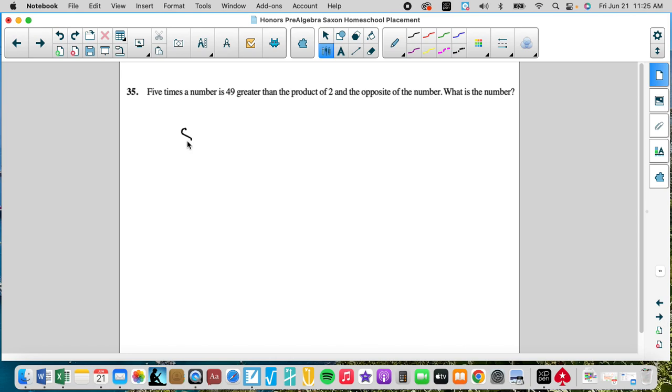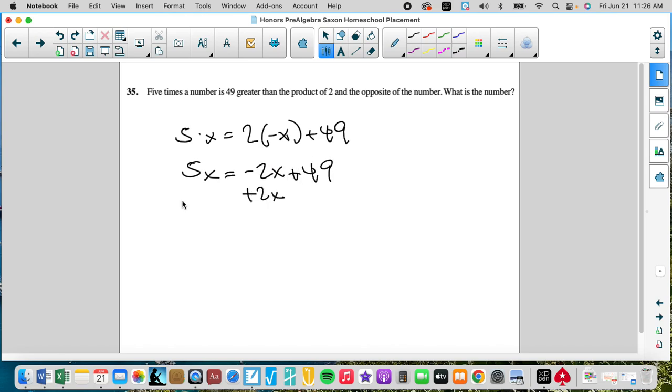5 times a number equals 49 greater than the product of 2 and the opposite of the number. So 2 times the opposite of the number plus 49. If we write that, that looks like 5x equals -2x plus 49. We have variables on both sides. We're going to move that variable over.